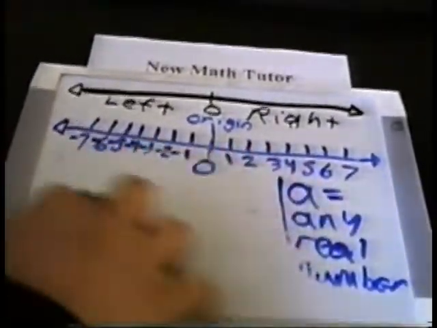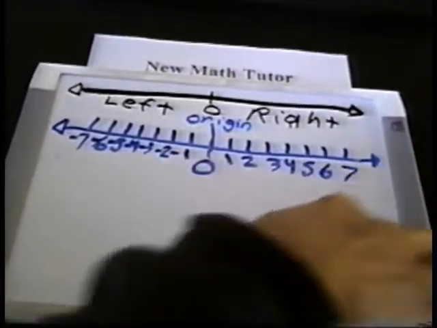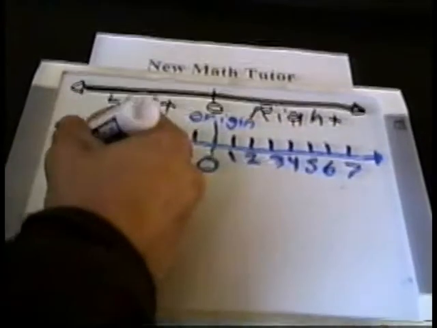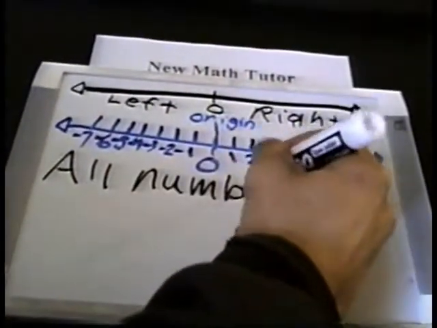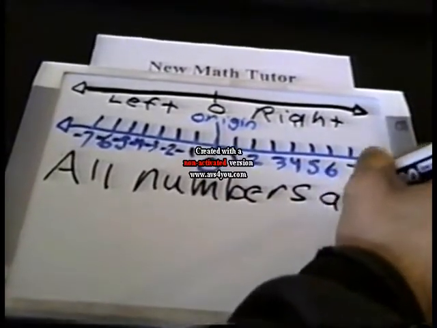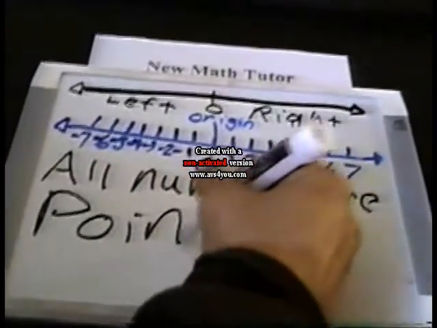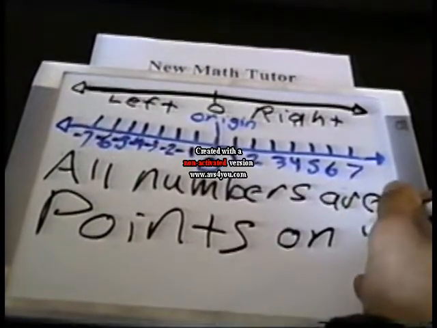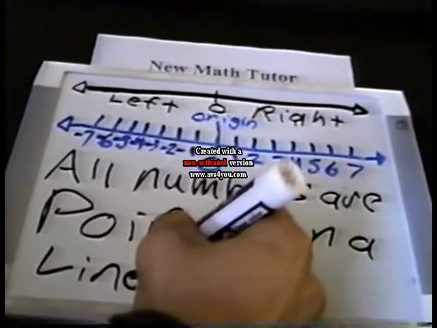All points on the number line are real numbers. Any real number A, meaning a point on the number line. Remember that all numbers are points.